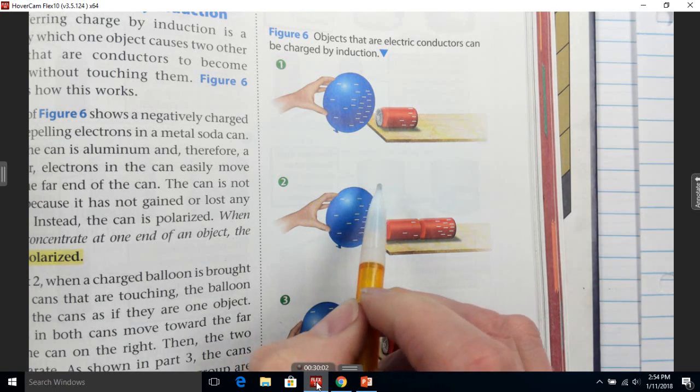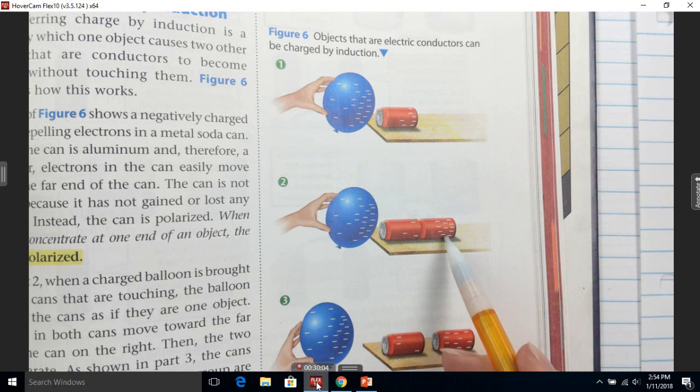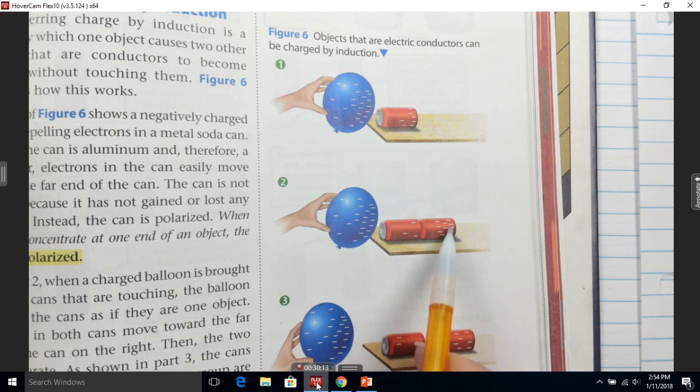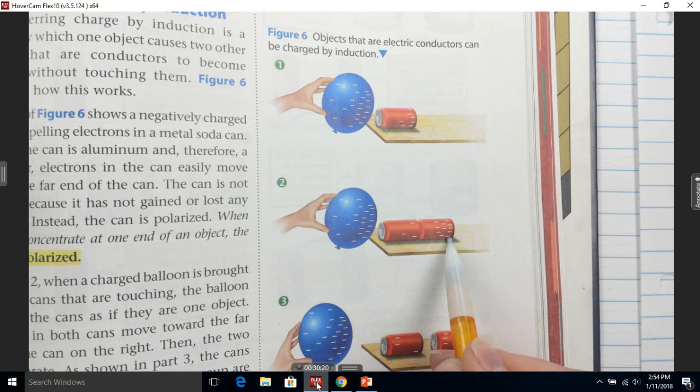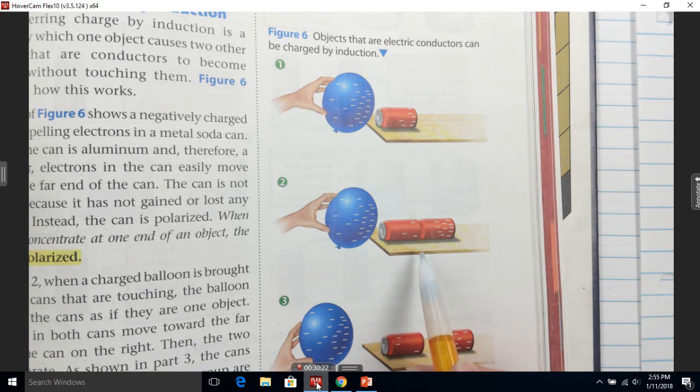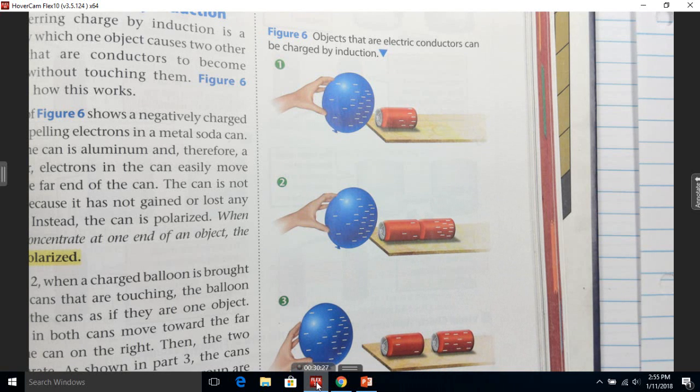Okay, now, if I put another can next to it, they'll jump and they'll go that far. There's something called the law of conservation of charge. I'm not going to test y'all on it, but charges cannot be created nor destroyed.